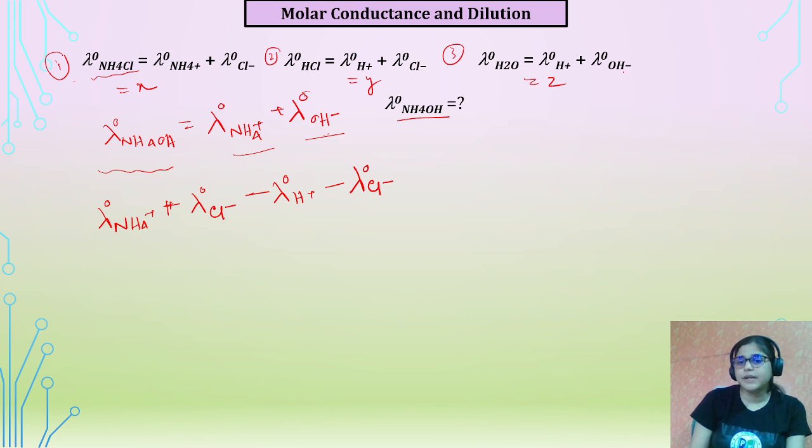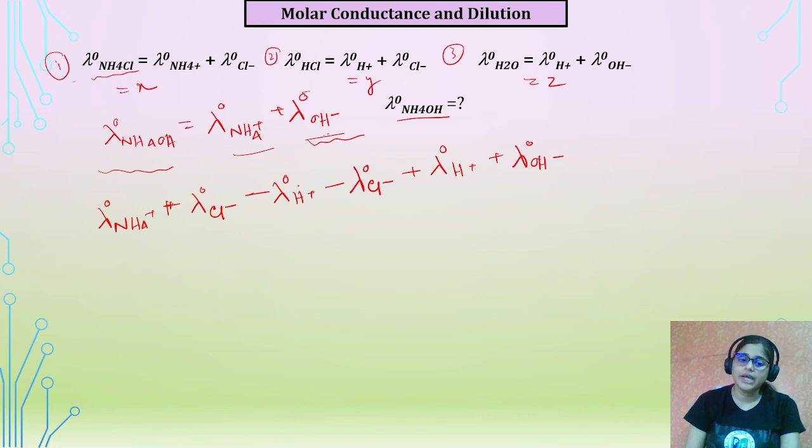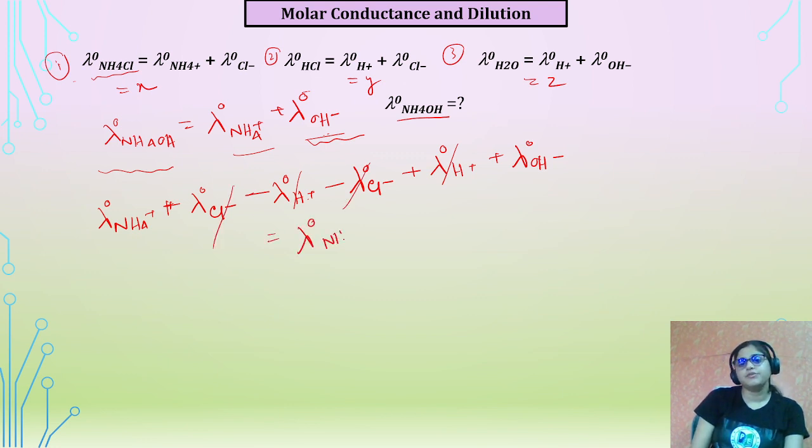Now H plus and OH minus: the OH minus value we need here, so keep that, plus lambda 0 of H plus and lambda 0 of OH minus. Now we can cancel H plus and minus H plus. What is left? Lambda 0 of NH4 plus and lambda 0 of OH minus. We need this only, so this will be lambda 0 of NH4OH.